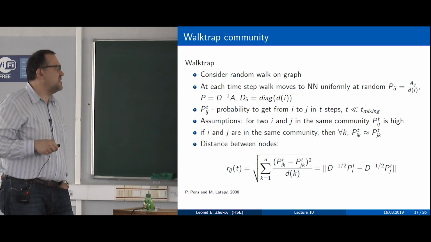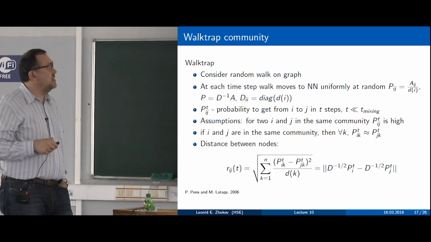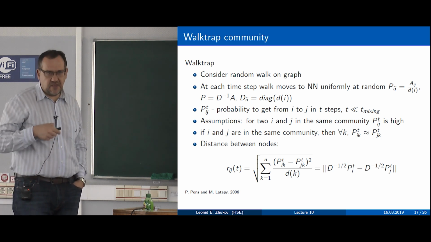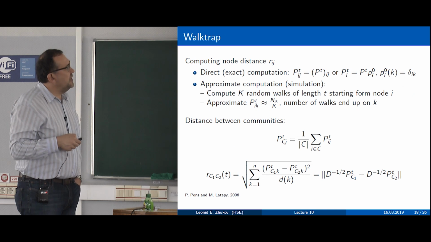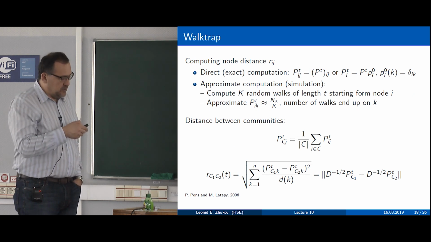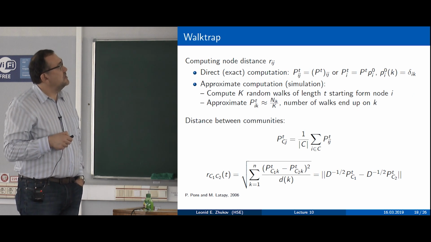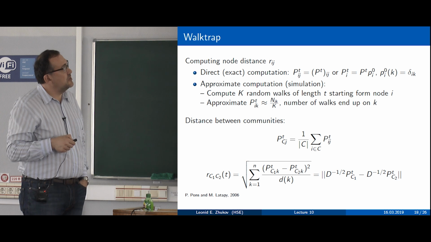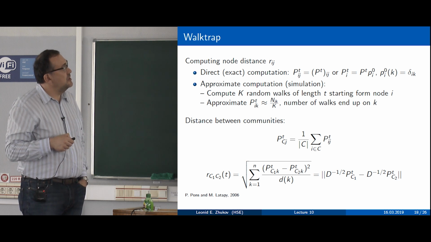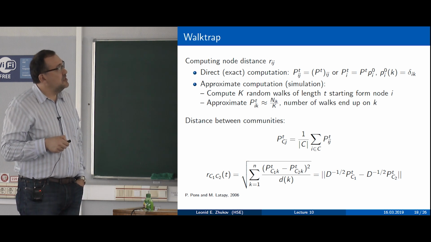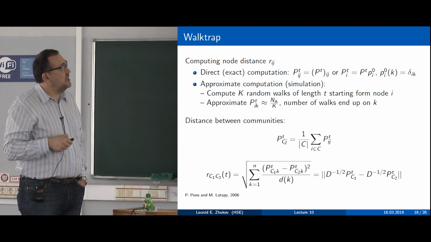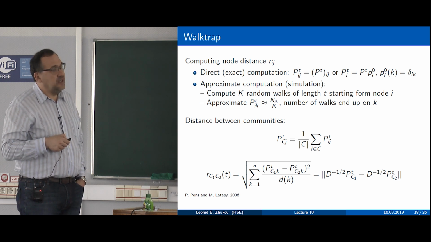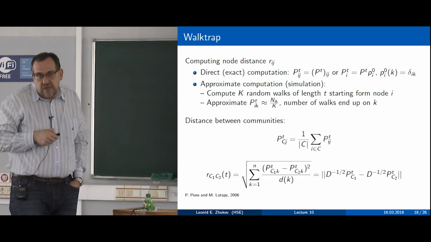But this is a very particular implementation that this guy proposed. The idea is much more generic, right? This random walk idea. And then what the guy said, okay, we can estimate this probability either by direct computations, by taking the matrix to this power and seeing what the values are, or by actually computing random walks and approximating it by seeing how many times you started from node i and ended at node k, right?